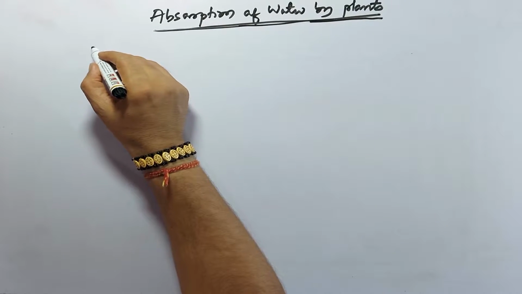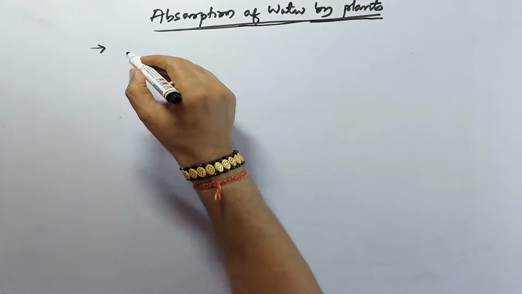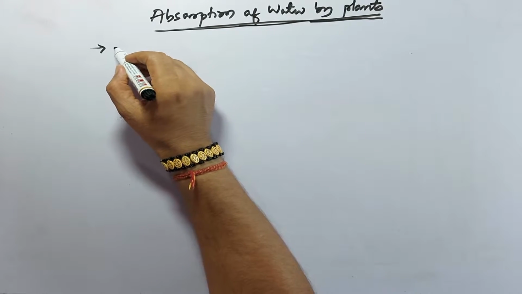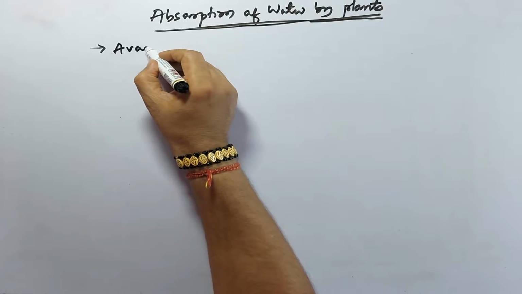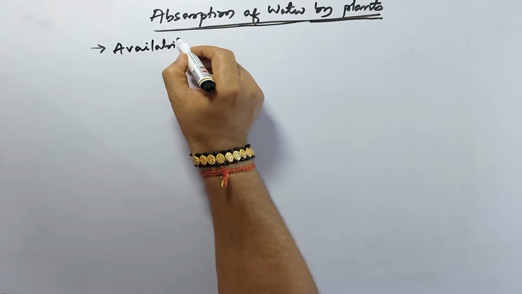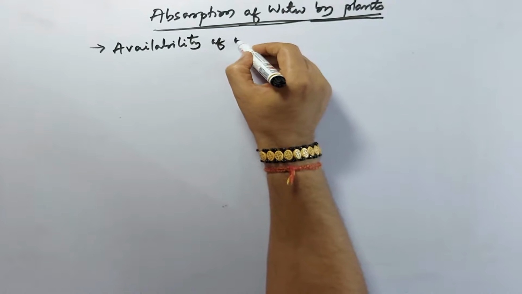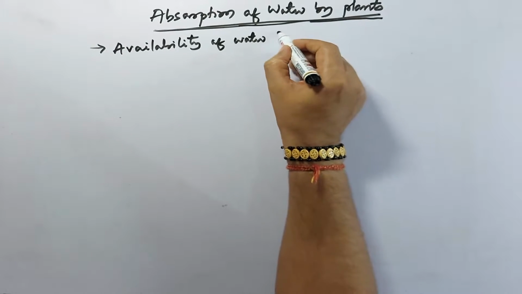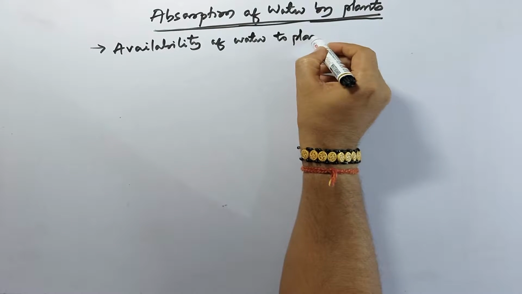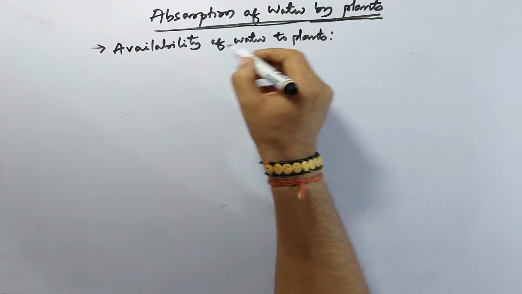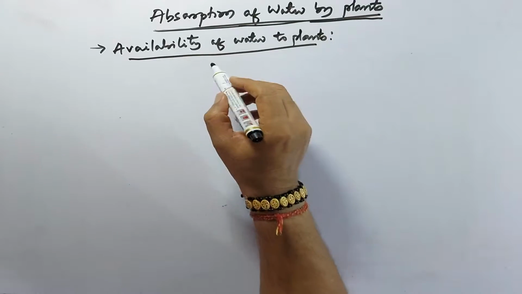First thing we have to discuss is the availability of water to plants. What are the sources?